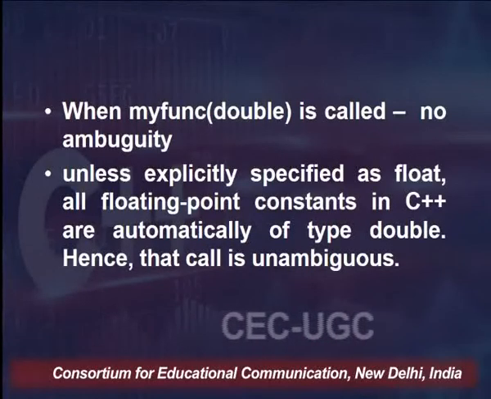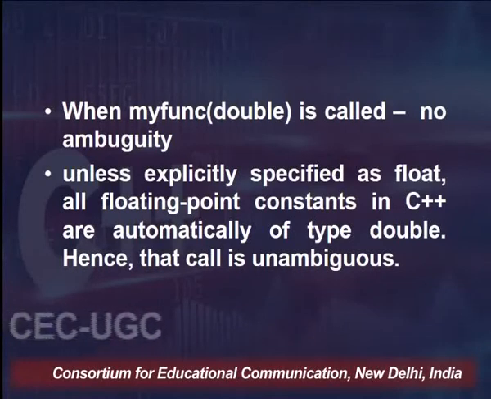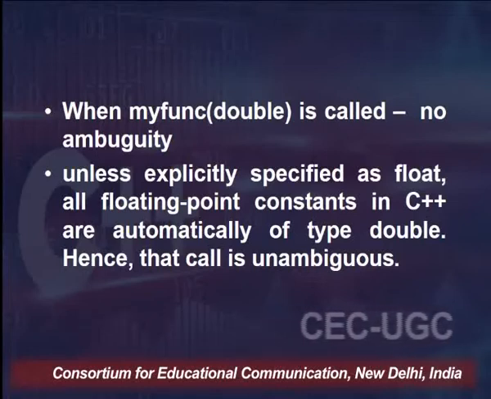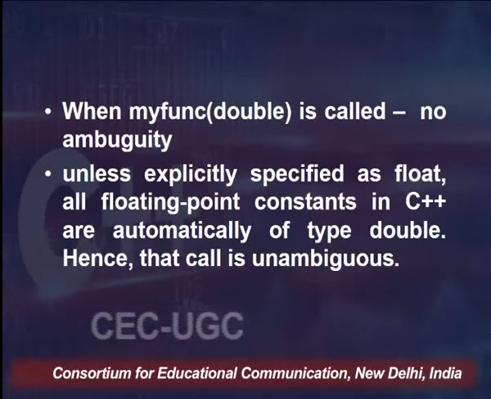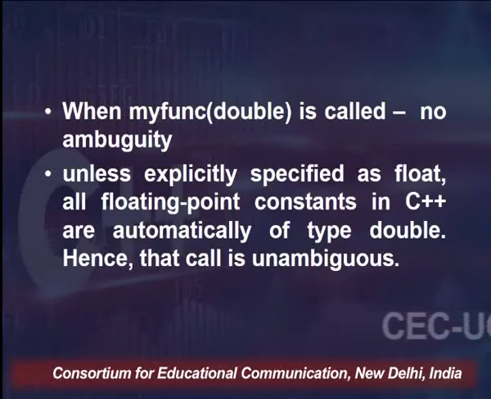When we call the function with 10.1, which is a double value, there is no ambiguity. Unless explicitly specified as float, and we specify float with the help of an f, so 10.1f is pretty clear that it is calling a float.